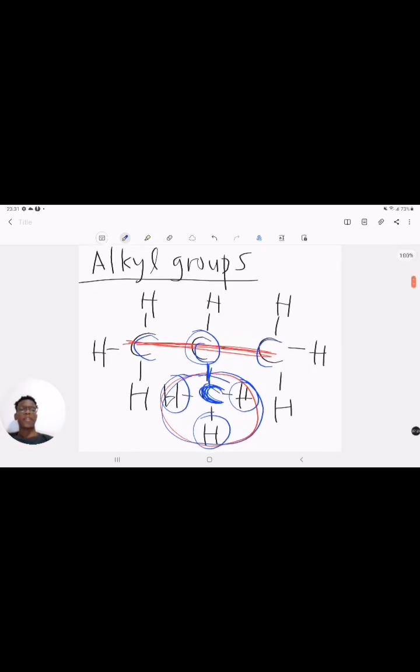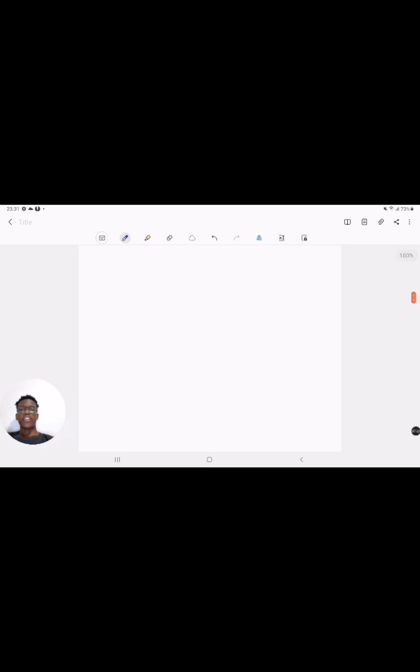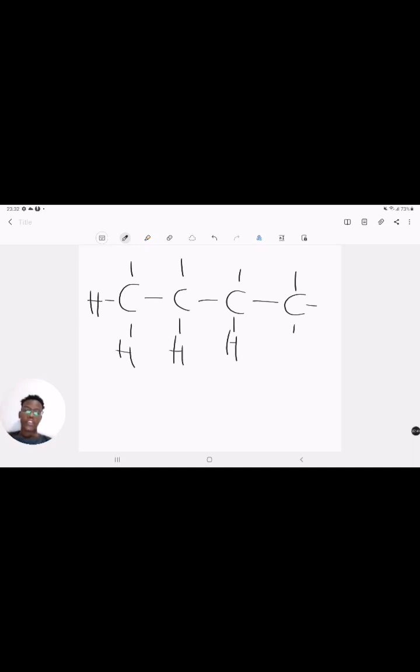Now, how is that different from alkanes? Let me draw out an alkane down here. So I've got 1, 2, 3, 4 carbons, and then hydrogen atoms all over: hydrogen, hydrogen, hydrogen, and so on.